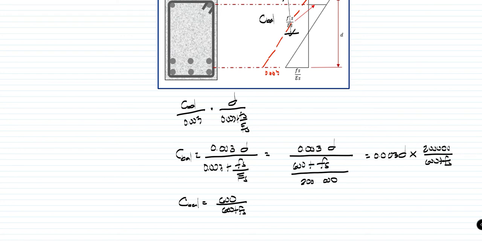But since we are in the balance condition, this Fs over Es becomes Fy over Es.